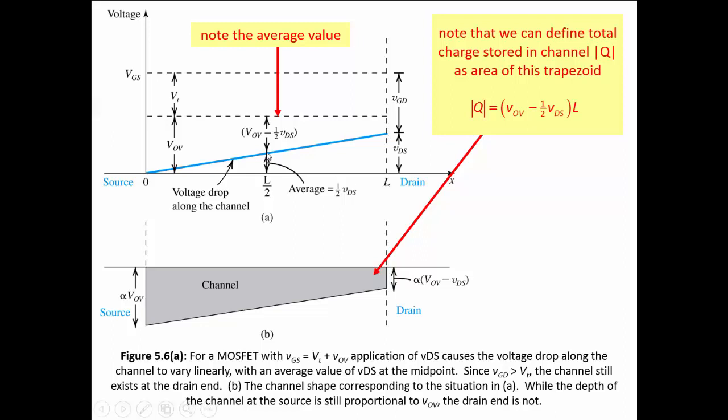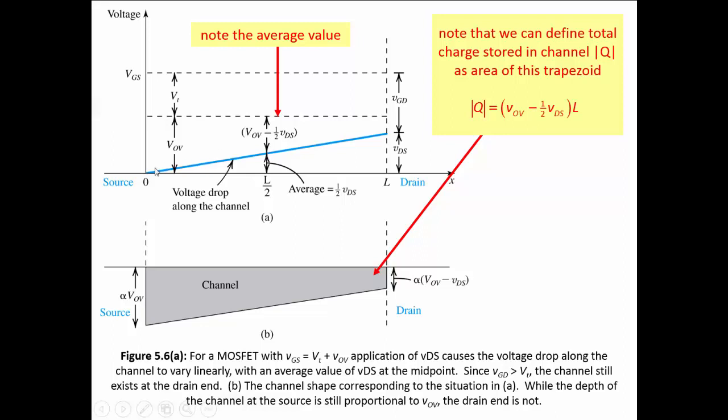The distance between this channel voltage Vx and our VGS minus threshold voltage here is the effective overdrive voltage at that point in the channel.